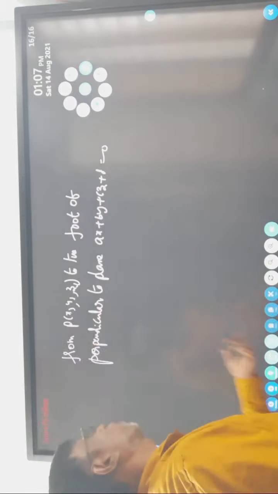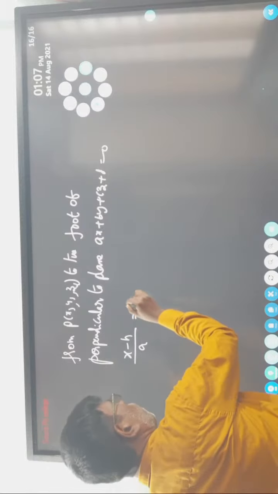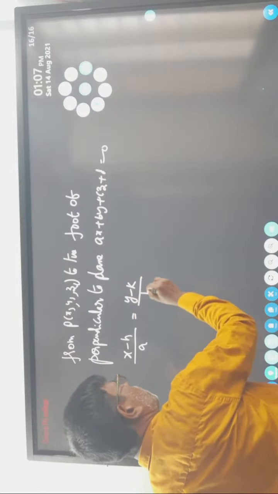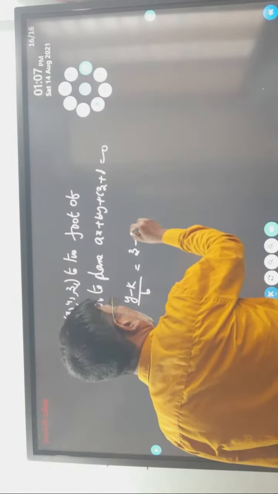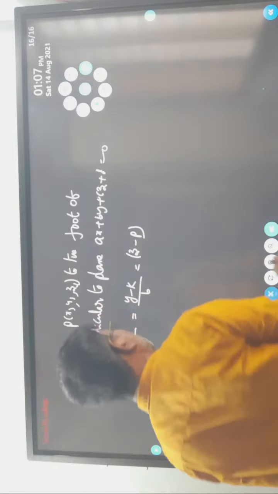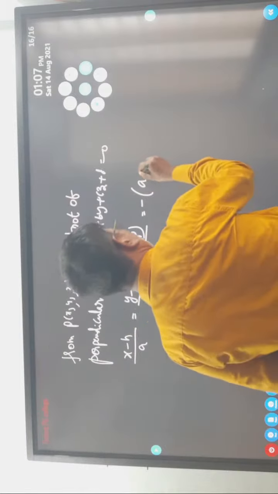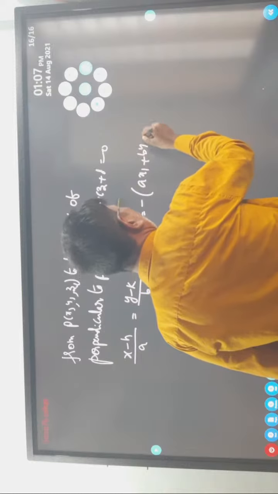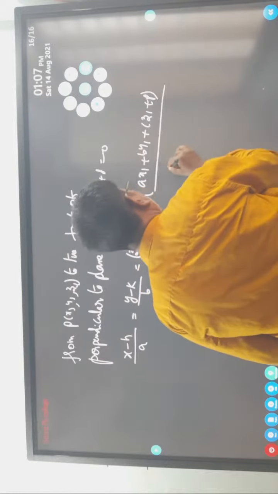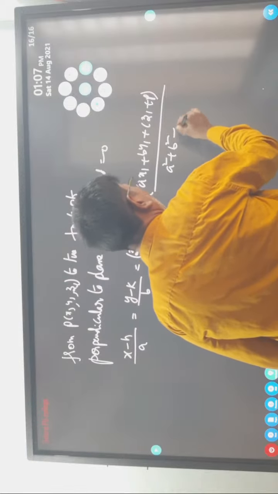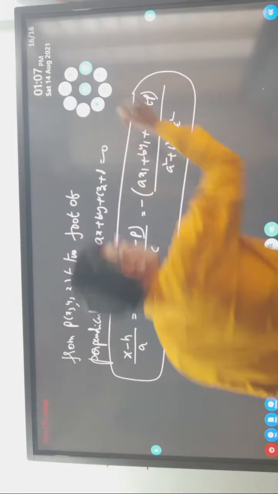So come to the formula: (x - h)/a = (y - k)/b = (z - l)/c = -(ax1 + by1 + cz1 + d)/(a² + b² + c²). This is the foot of perpendicular formula, same as the straight line formula.